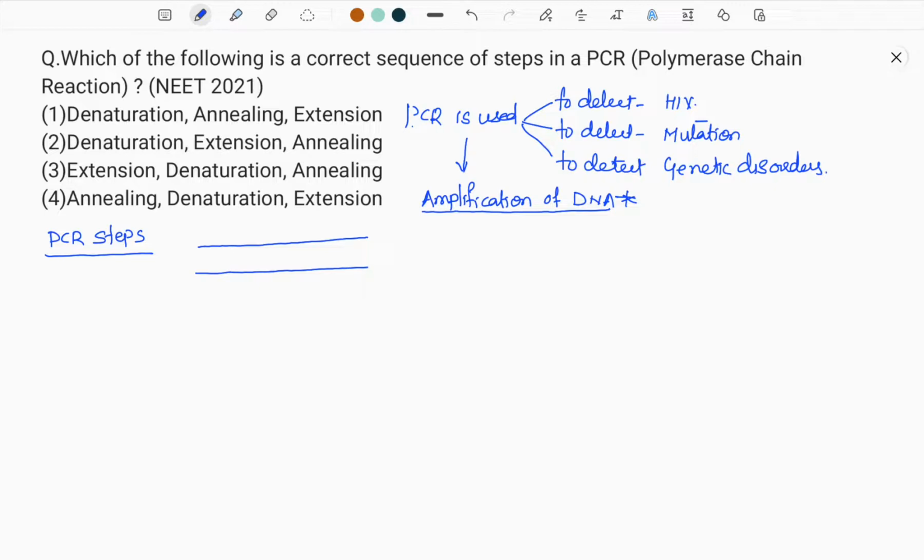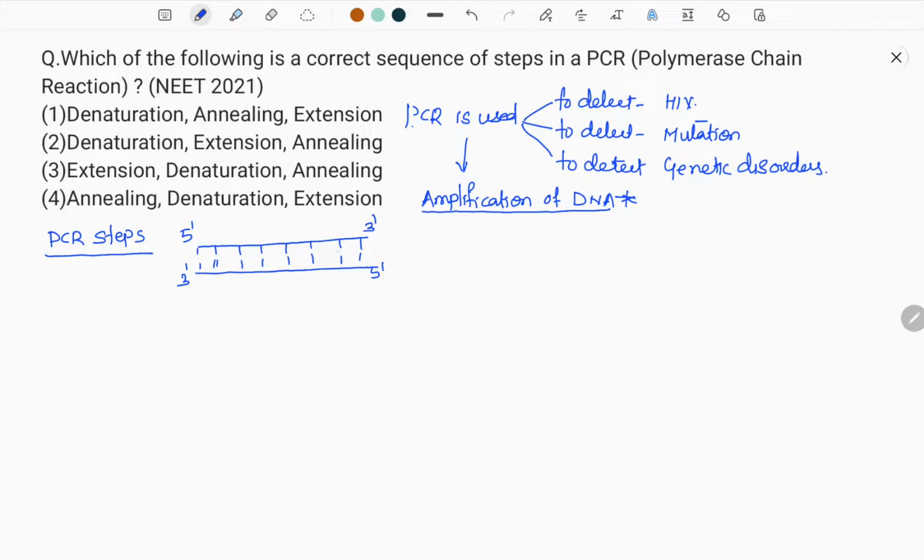It is a computerized device for processing polymerase chain reaction. Let's suppose this is 5' end, 3' end, 5' end, 3' end. The dsDNA is antiparallel, so the two DNA strands have hydrogen bonds in between complementary nitrogen bases. We know that very well.